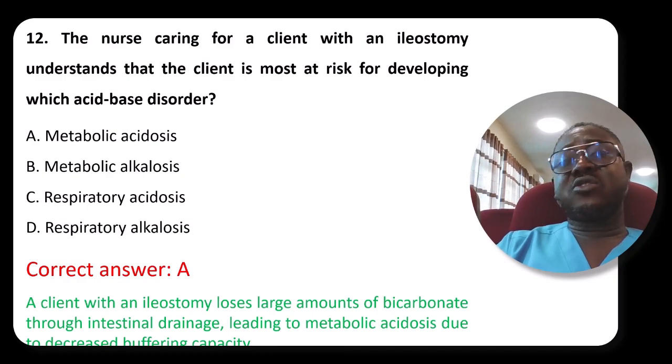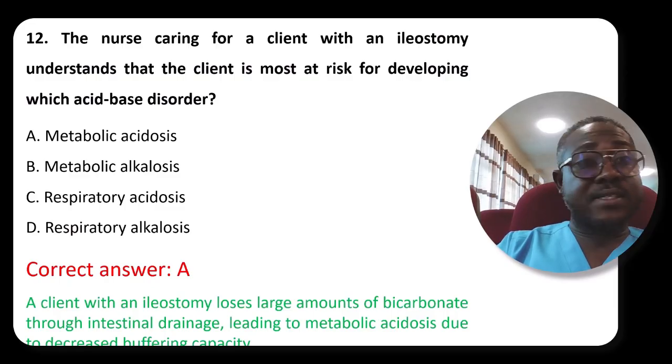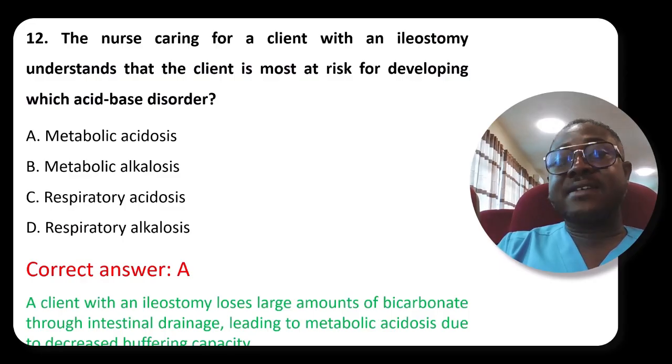Acidosis. So now we need to think about, is it respiratory acidosis or metabolic acidosis? Since they did not mention anything that has to do with respiration, then we go in for what? Metabolic acidosis. Okay, so always remember, bicarbonate is found in the intestine, hydrochloric acid is found in the stomach.